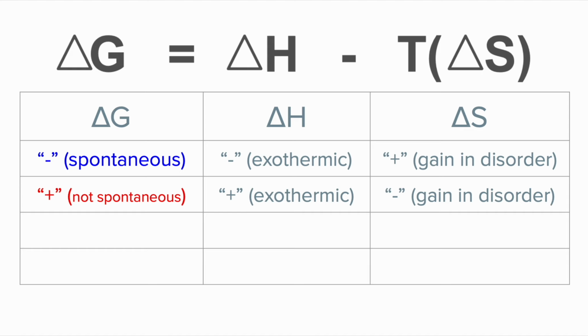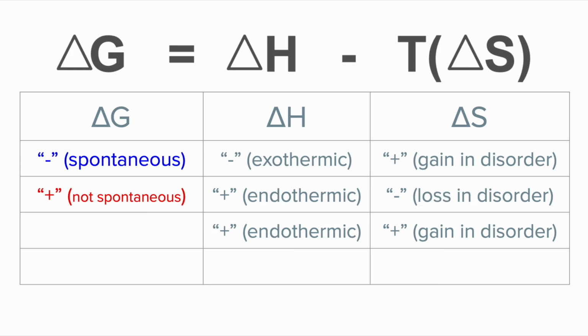Now, for the next two scenarios, they're going to be really dependent upon the values here. Because if I had something that was overly endothermic or a delta H that was positive, as well as a change in entropy that was positive, meaning that we were becoming more random, it would depend on which one was larger that would determine the overall delta G value.